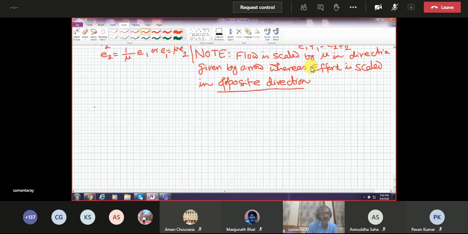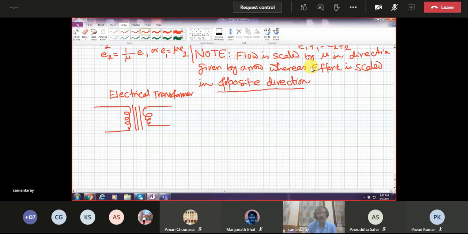The electrical transformer. Okay, so what do we have? Some flow. Let's write it.